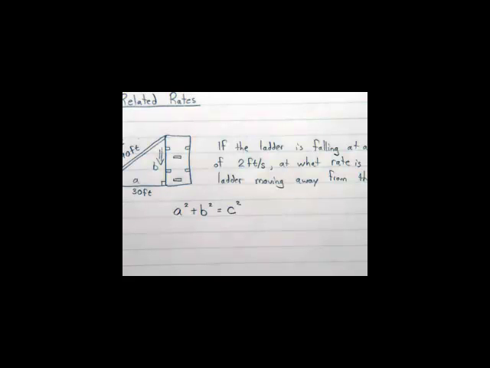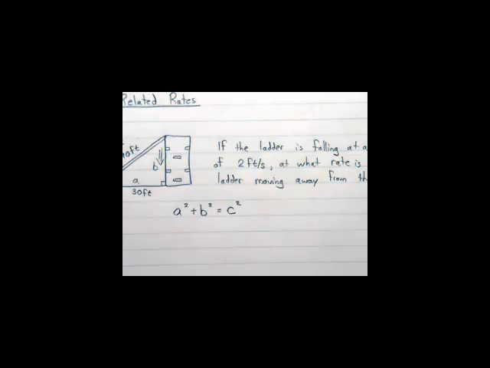We're talking about a rate, feet per second, so everything's in terms of time. The change of the ladder as it scoots out from the wall would be dA/dt, because we're talking about change with respect to time. And as this thing slides down the wall, it would be dB/dt, change in B per change in time.